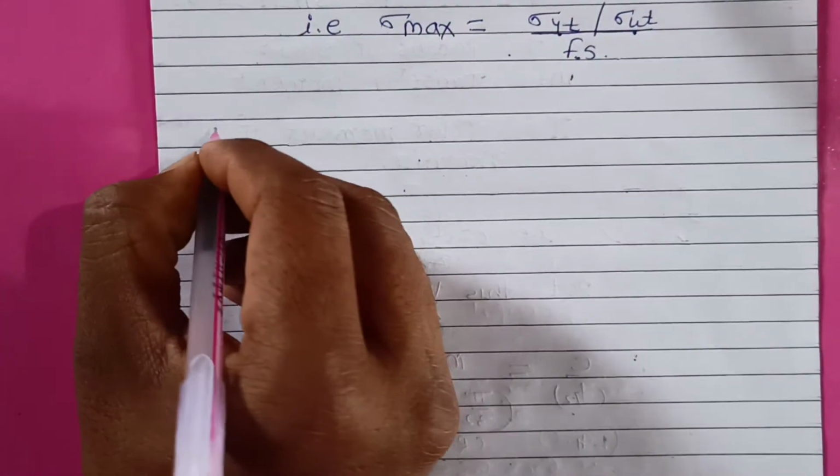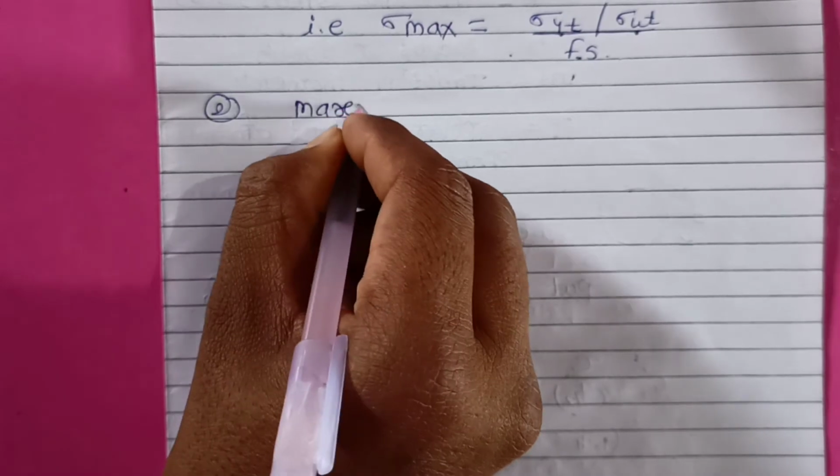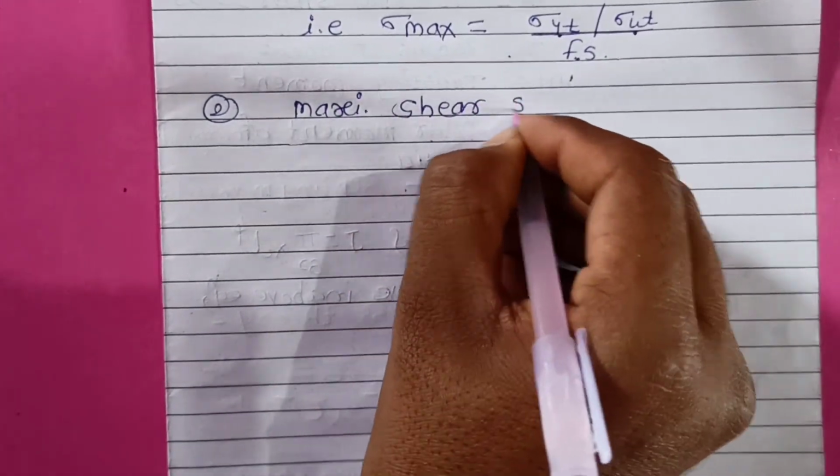Now see another one. The second theory of failure is the maximum shear stress theory.